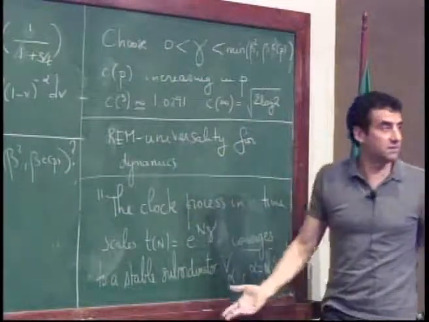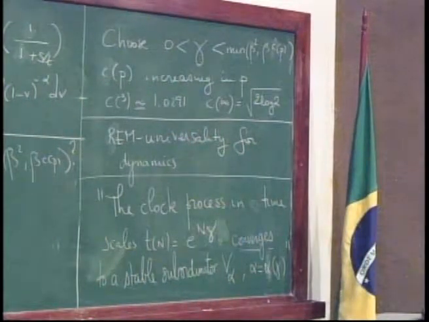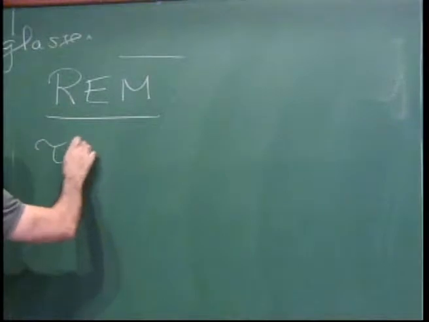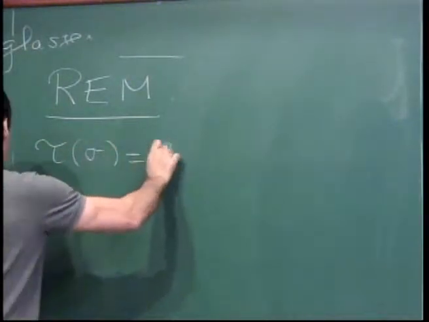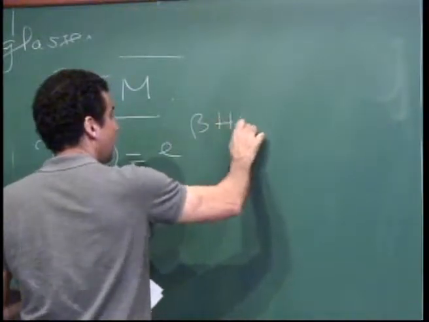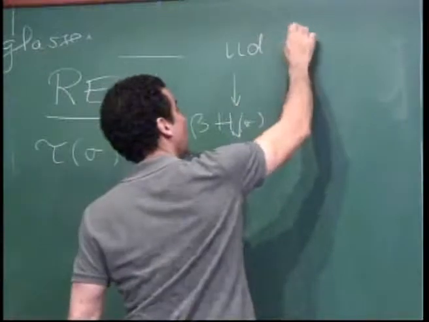And the rest should be the same. So my tau of sigma is exponential beta H_n of sigma, and now these are just IID N(0,1) because it's a REM.